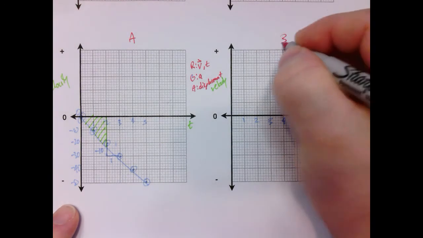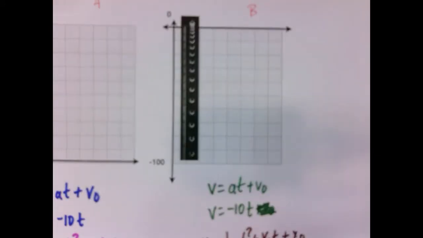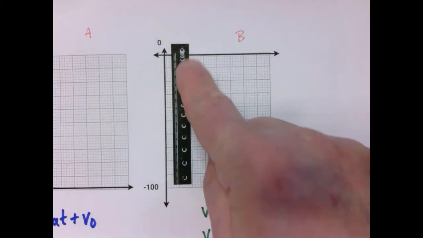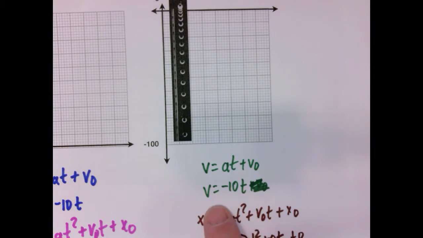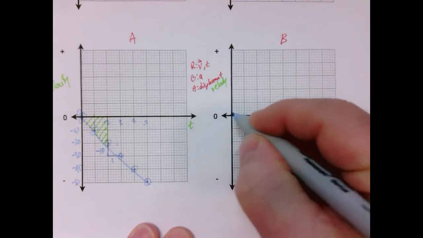Let us consider reference frame B. In reference frame B, we again have a negative directed velocity, and it's increasing. And we saw that the model for velocity is also minus 10t. So that graph will look exactly the same as well.